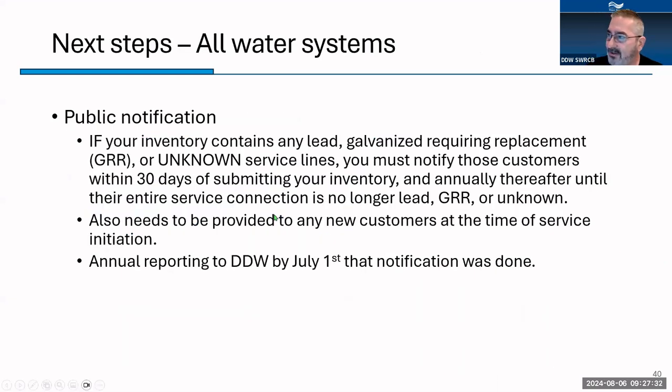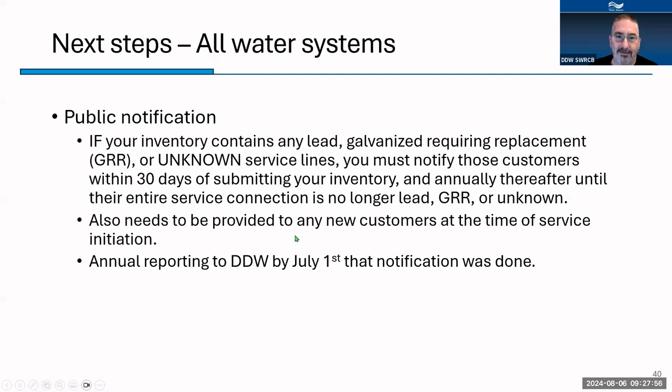Public notification. So this is all water systems. If your inventory ends up containing any lead, galvanized requiring replacement or GRRs, or unknown service lines, you must notify those customers within 30 days of submitting your inventory and annually thereafter until the entire service connection is no longer lead, GRR, or unknown.